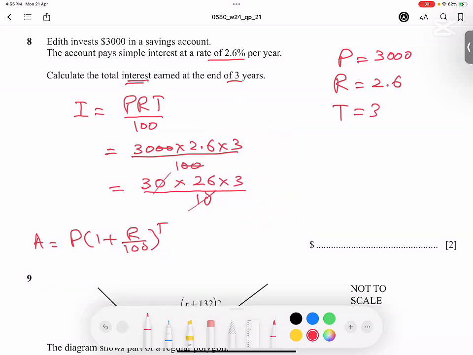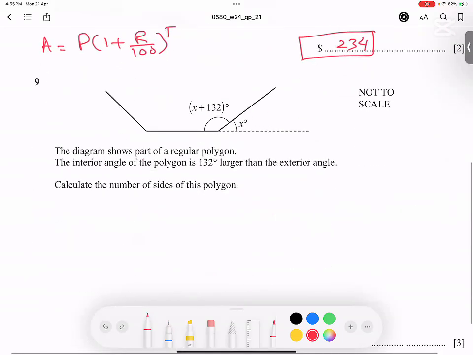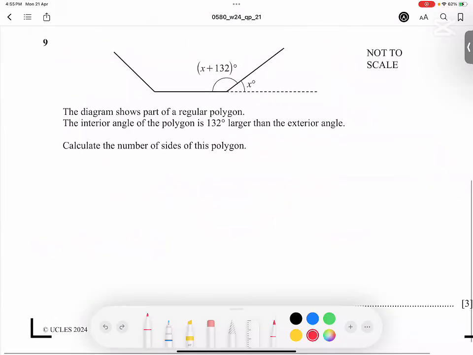So this 0 will cancel out, and now I can multiply. 3 3s are 9, and 9 multiplying with 6, and the answer turns out to be 234, so 23.4. So this is the answer. I believe you got the point very clear. This is a way I want to teach you how you can avoid the calculator, because this is the first time we are facing the without-calculator version.